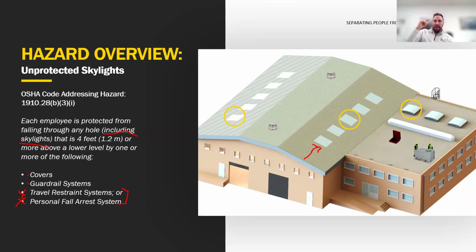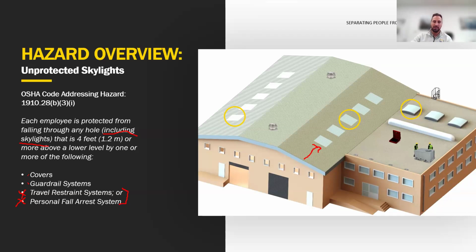A skylight has 4 edges. So I have to maintain 2 feet of distance from 4 edges per skylight. And a lot of times we have 10, 20, 30, 80 skylights all in a row. So it's super difficult to design a travel restraint system around skylights. How do I walk past the hole without falling back into it?